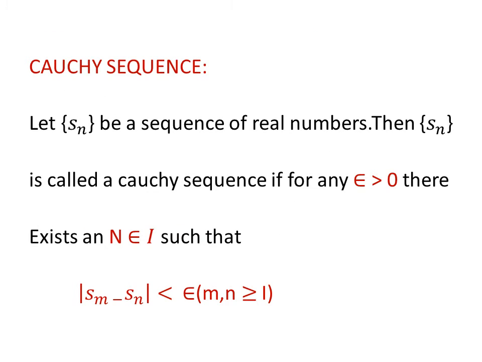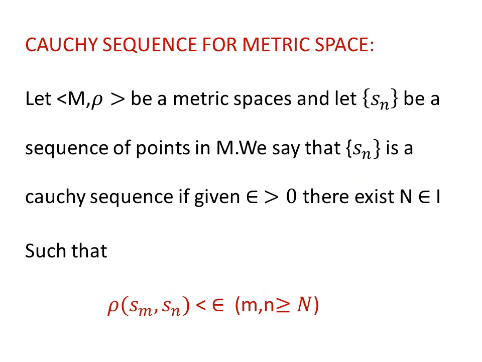Cauchy sequence. Let the sequence Sn be a sequence of real numbers. Then the sequence Sn is called a Cauchy sequence if for any epsilon greater than 0, there exists N belonging to the natural numbers such that modulus of Sm minus Sn is less than epsilon for m, n greater than or equal to N. Cauchy sequence for a metric space.